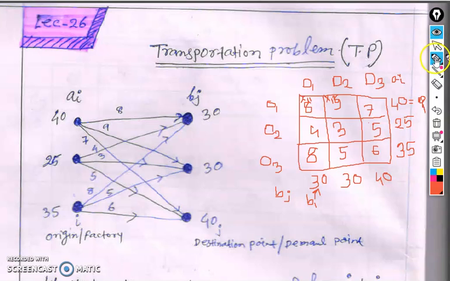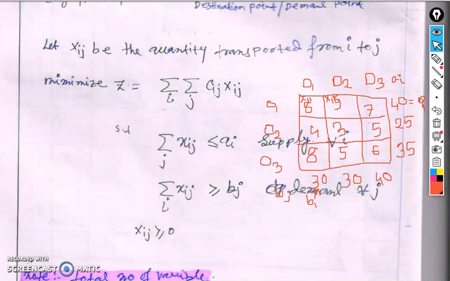So if we write this transportation problem as a mathematical formulation, you can easily recognize from this table that if xij is the quantity transported from the ith to the jth destination, that means the ith is the origin point and the jth is the destination point.